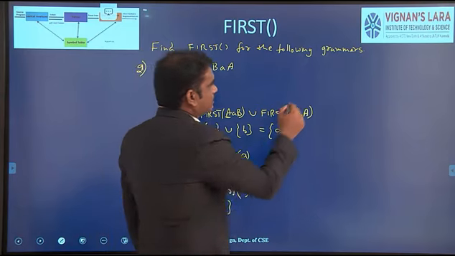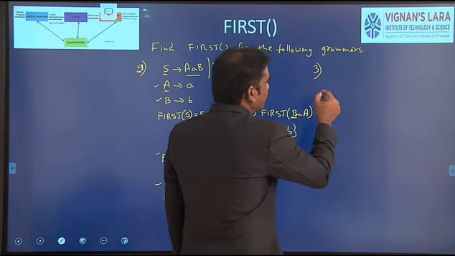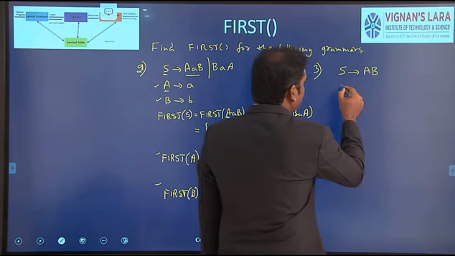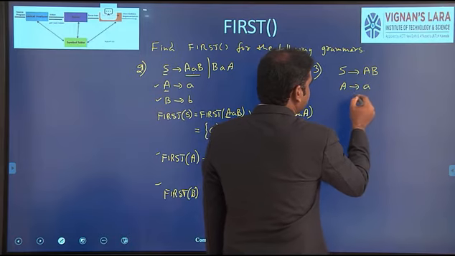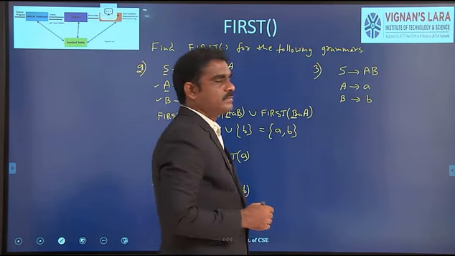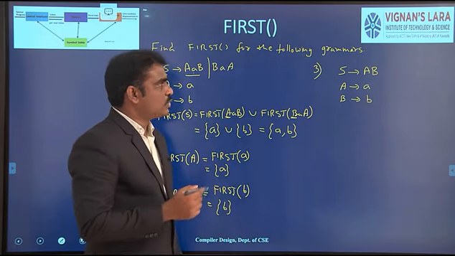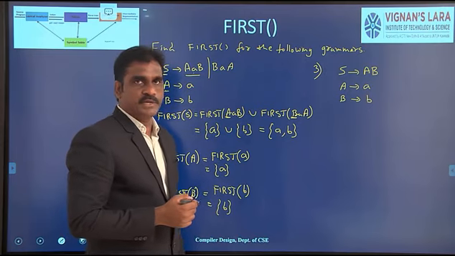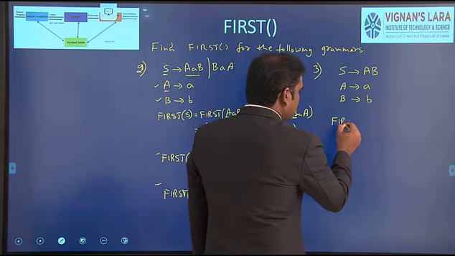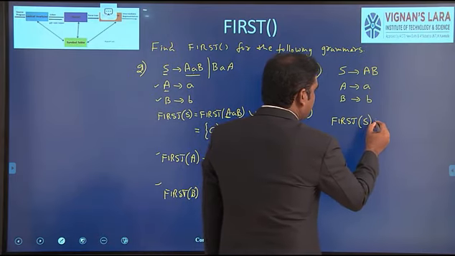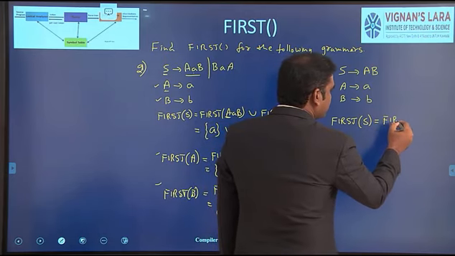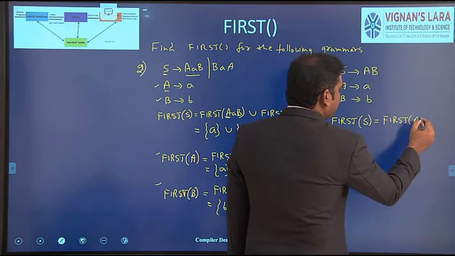Take the third example. Suppose S goes to AB, A goes to a, B goes to b. So S to AB, A to a and B to b. First of S equal to first of AB.